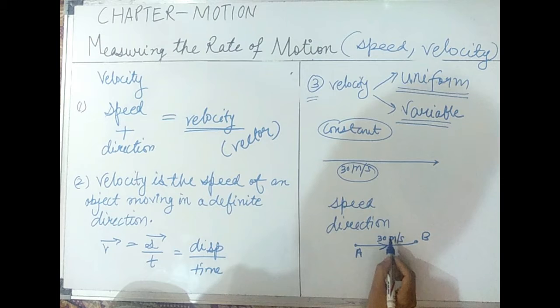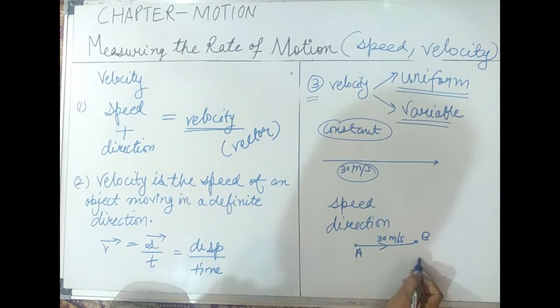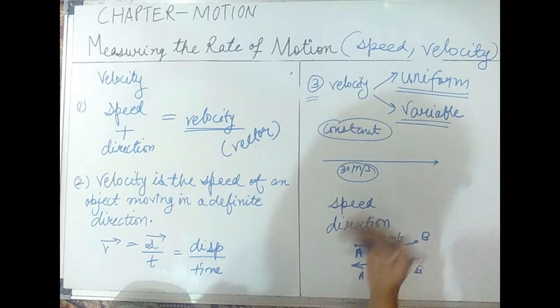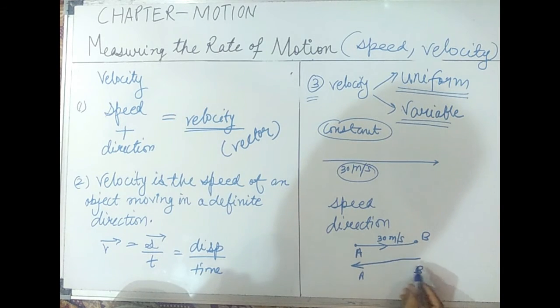When it comes to the return journey, it is moving B to A, and the direction is changed. So we can say when the direction is changed, velocity is changed. And let's say B to A, it is moving with 40 meter per second and the speed is also changed. So we can say velocity is changed.